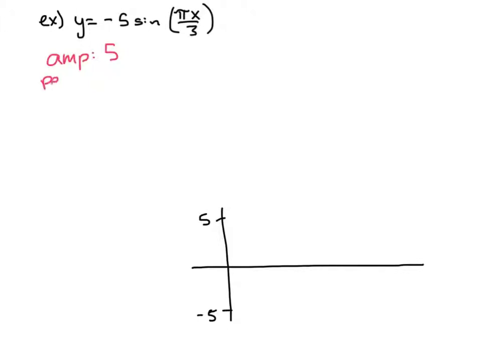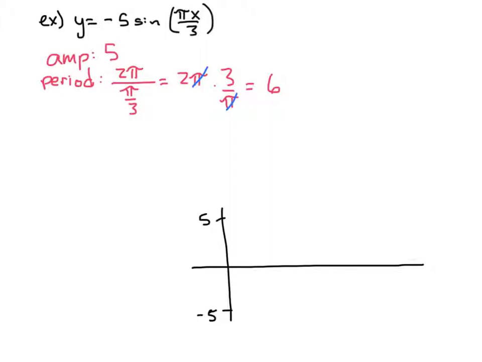Okay, the period, I take 2 pi and divide it by pi over 3. So that's just 2 pi times 3 over pi. Pi's cancel, and the period is 6.